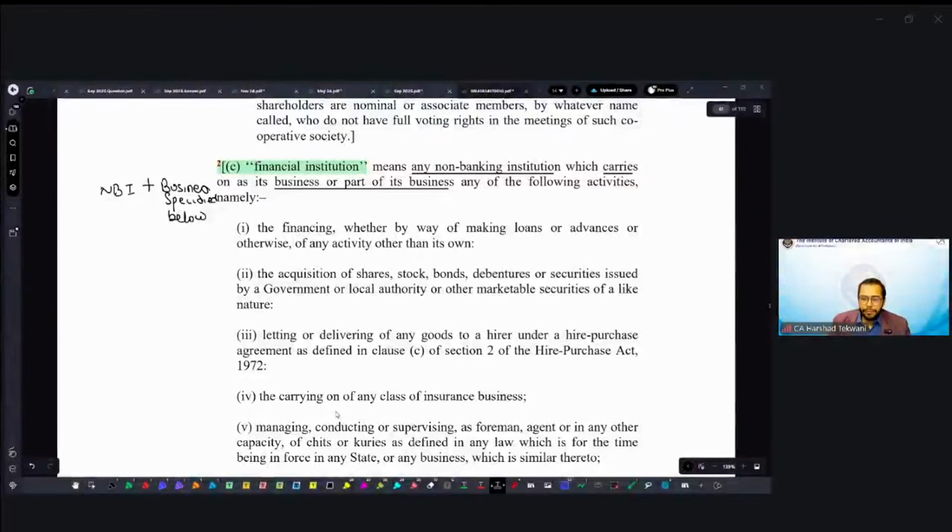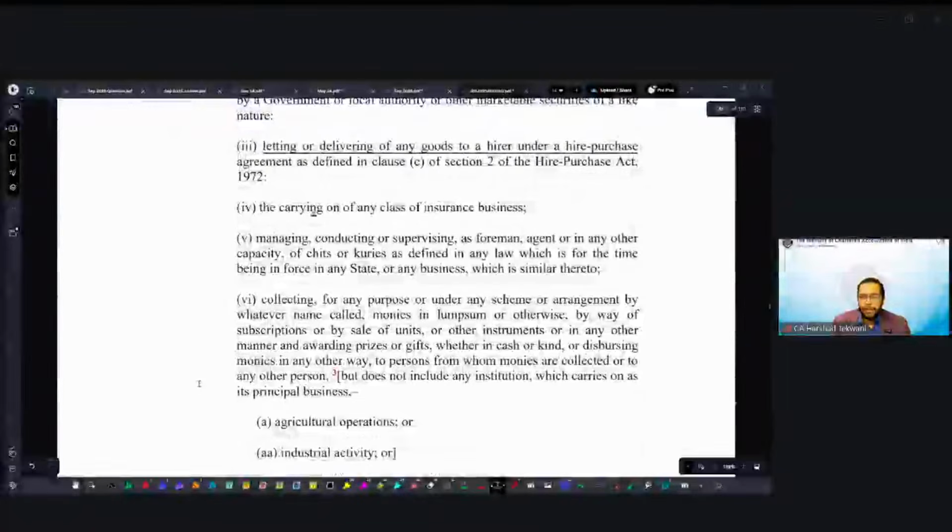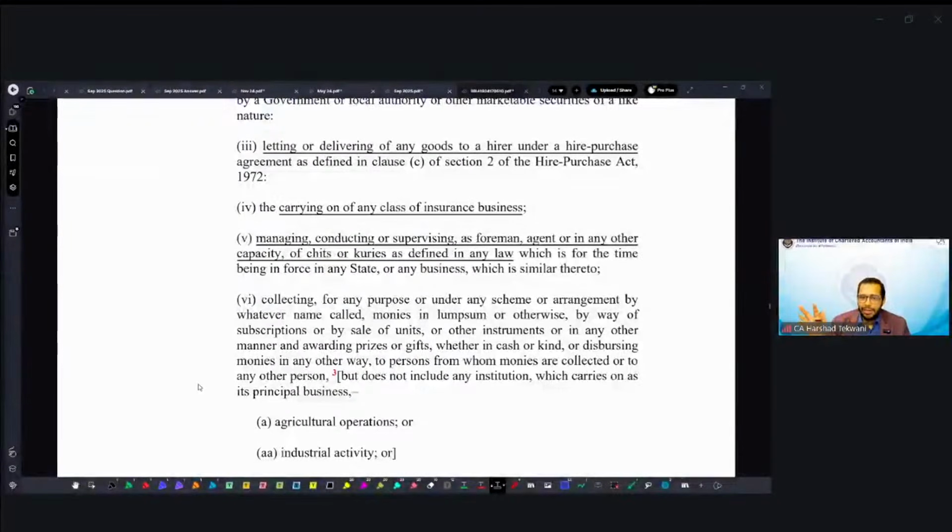And what is the business? Business of financing, making loans or advances, acquisition of shares, stock, bonds, debentures, letting or delivering goods on a hire or hire purchase mode, carrying on any class of insurance, managing, conducting, supervising as foreman, agent, or whatever it is, or collecting monies in lump sum or otherwise, by subscription or sale of units, and awarding prizes, all those things, everything.